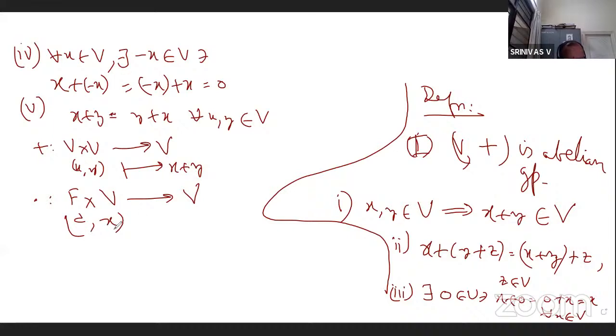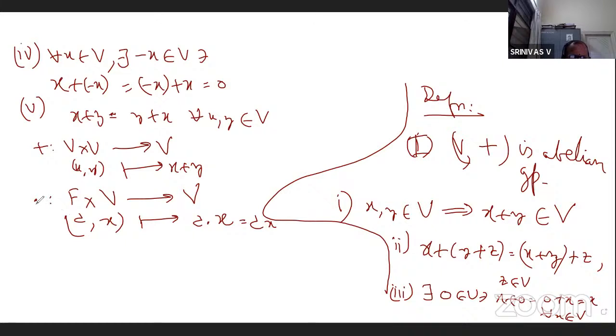So c comma x is a member in F cross V, and this is taken to c dot x. The c has to be small. It is c dot x, and this is also written c into x. We suppress the dot, by that we mean c dot x.